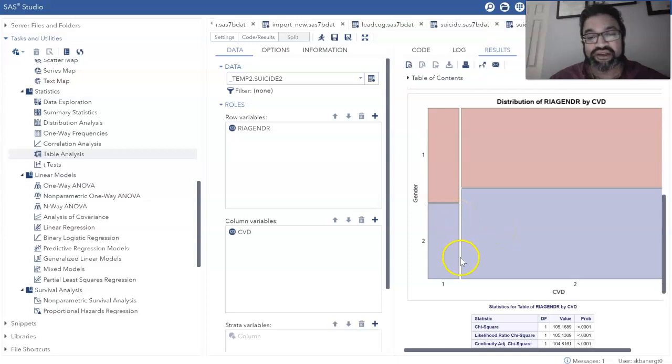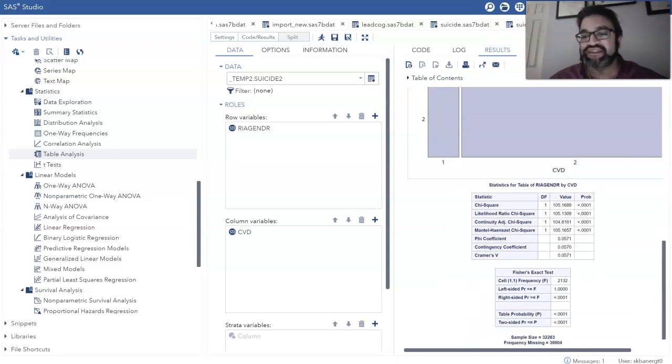So if you look and see, then a certain proportion of gender is broken down by cardiovascular disease. So if you look, one is males and two is females. Among males, what is the percentage of cardiovascular disease? And so you can look at this mosaic plot, and this is a nice display.